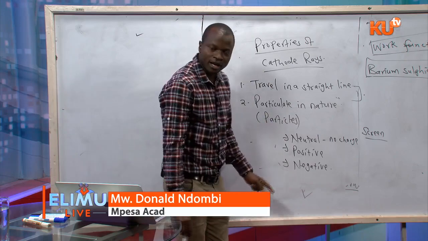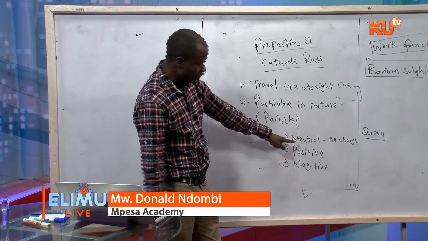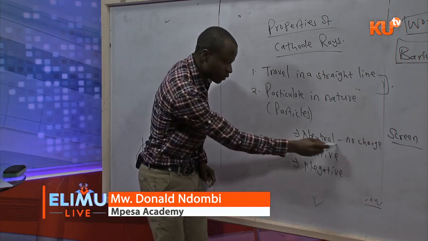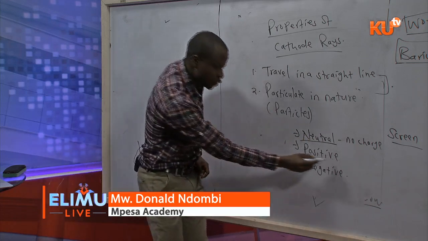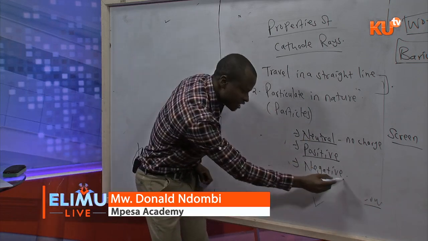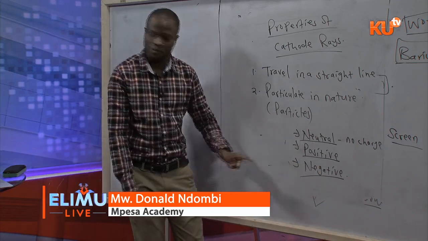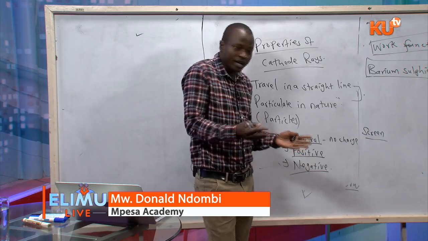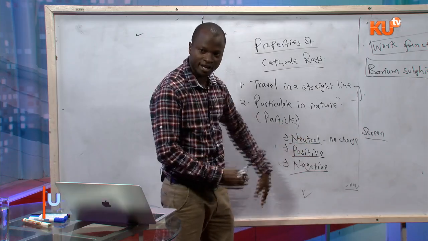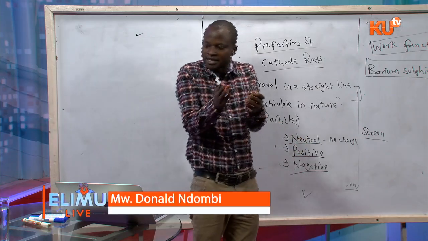So any particle will either have no charge, what we say neutral, or it will be positively charged or negatively charged. Therefore, cathode rays possess one of these properties.